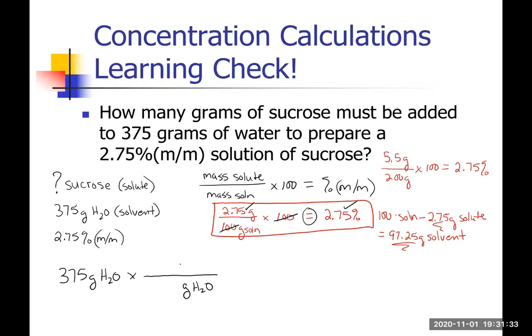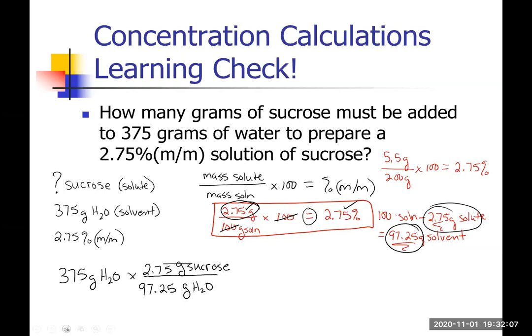So I want the mass of sucrose, and I've made myself a conversion factor of the solute to the solvent. My conversion factor says that if I have 2.75 grams of sucrose, then I have 97.25 grams of water. And I got that from here and from here, which is here also.